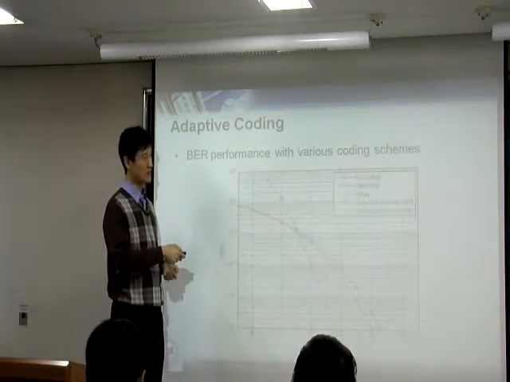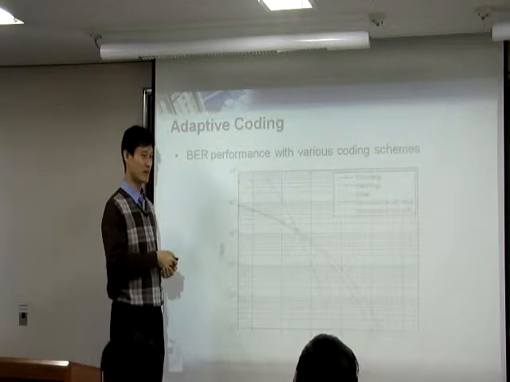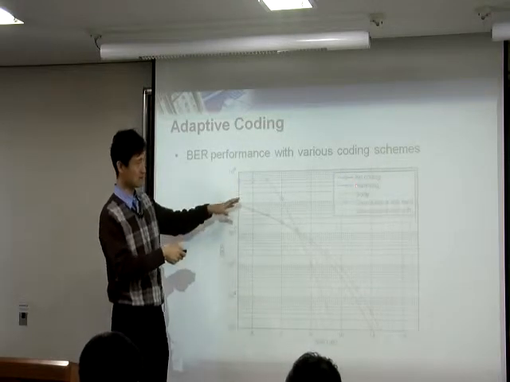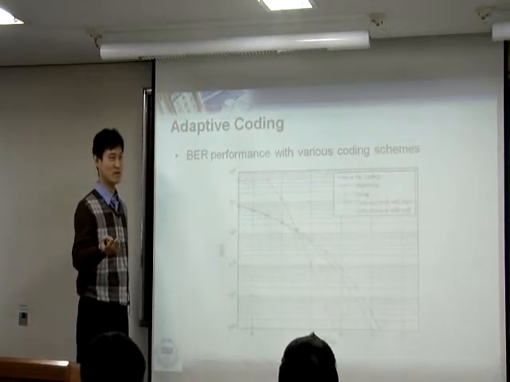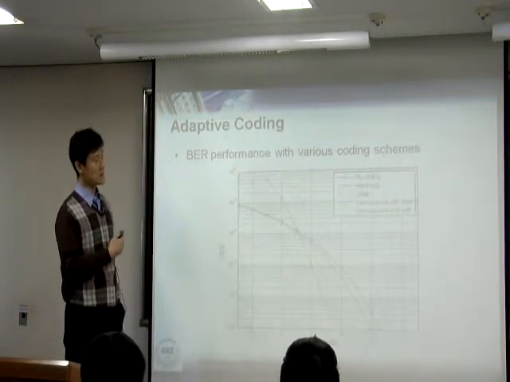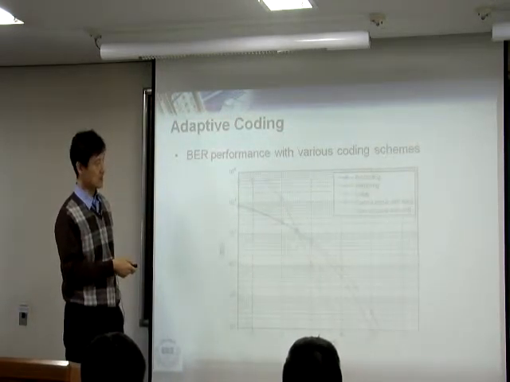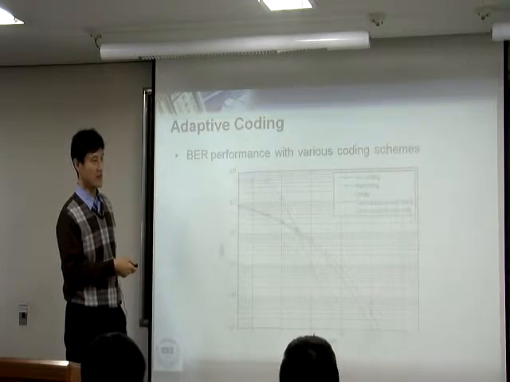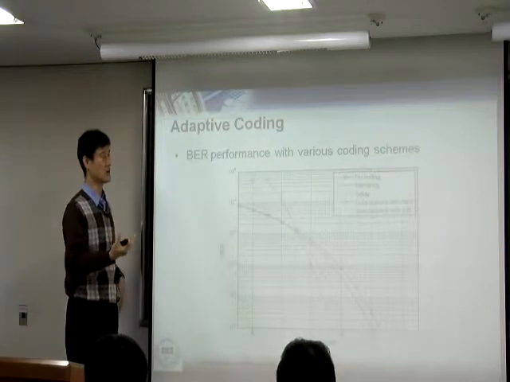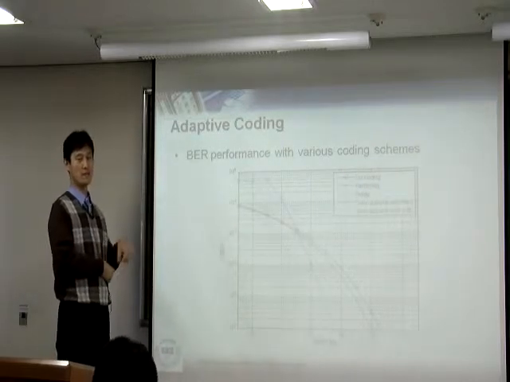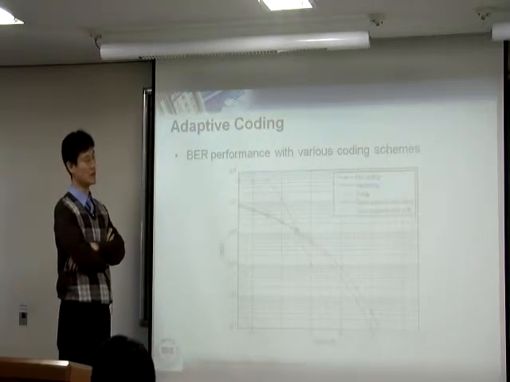Here are some examples which are provided in MATLAB. I use these because MATLAB provides them, but there are many, many different codings. The most popular coding techniques these days are convolutional coding and turbo coding. If you think about 3GPP LTE, the recent wireless standard, they use turbo coding.